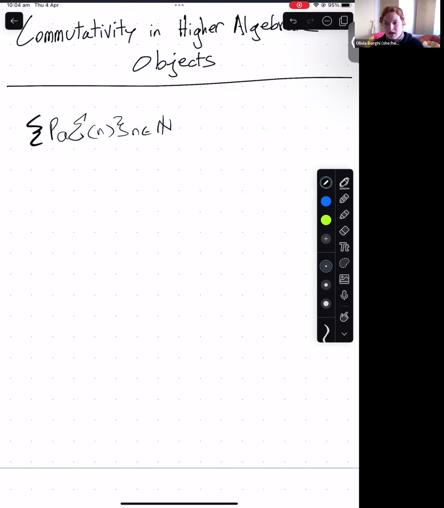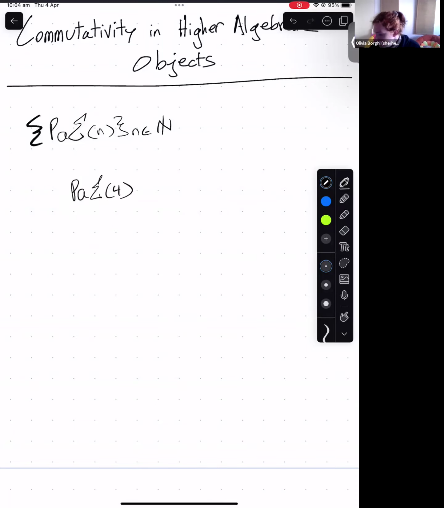In this case, this operad is in the category of groupoids. So imagine I'm building a sequence of groupoids indexed by the natural numbers. And a little later in the talk, I'll explain what makes this collection of groupoids into an operad. So PA sigma n is a groupoid. In order to explain what each of these is, I'm going to go into depth on PA sigma 4.